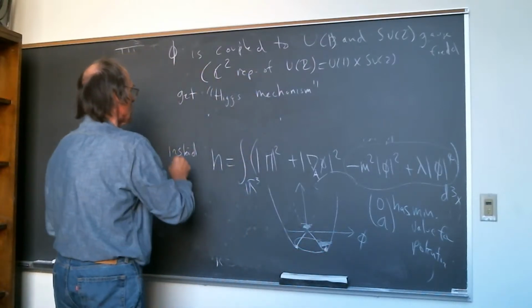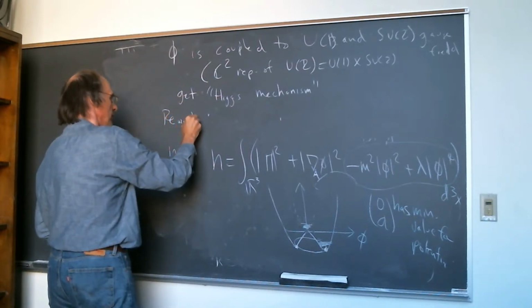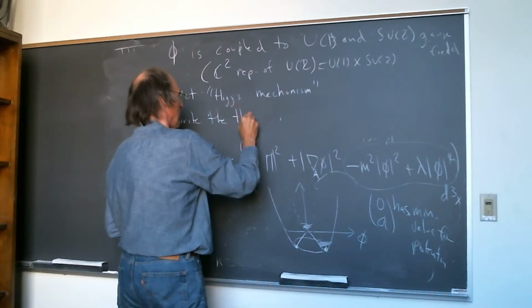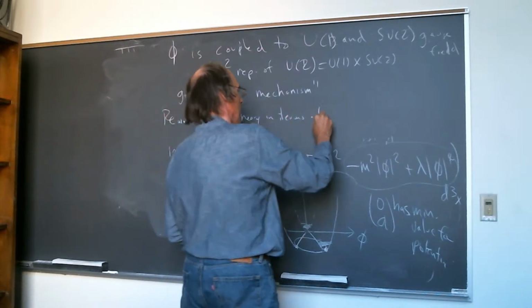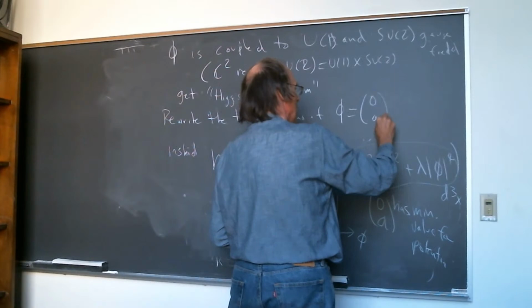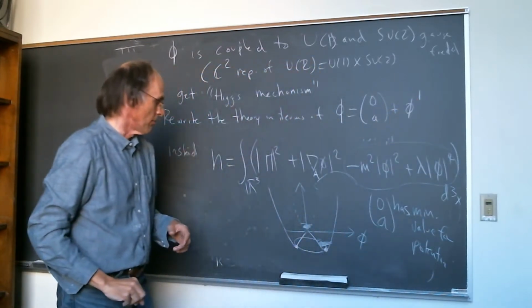So what you do is you can rewrite the theory in terms of phi equal to 0A plus phi prime.